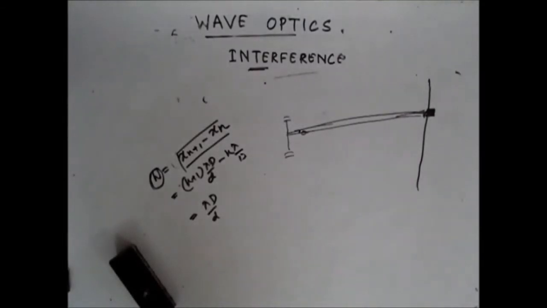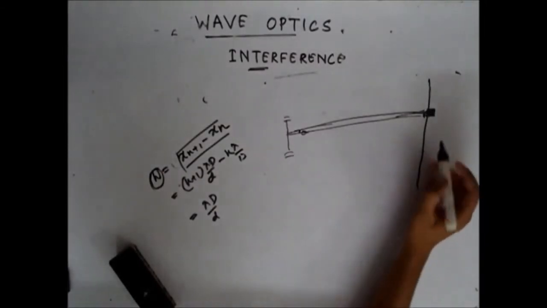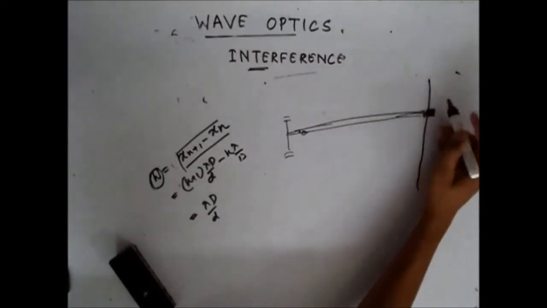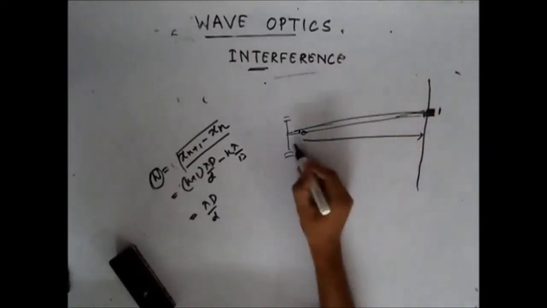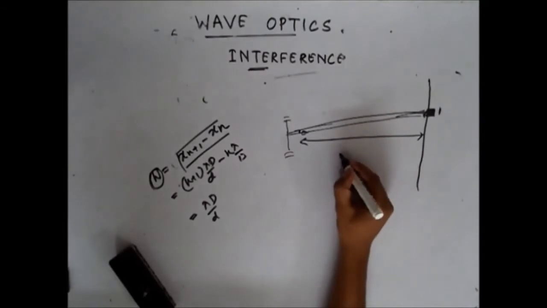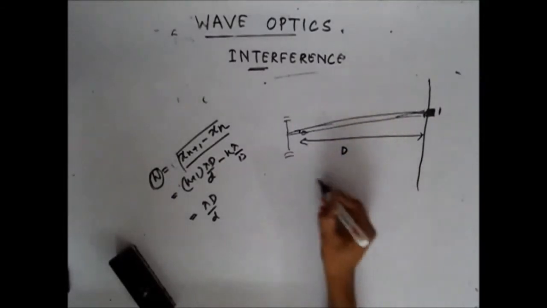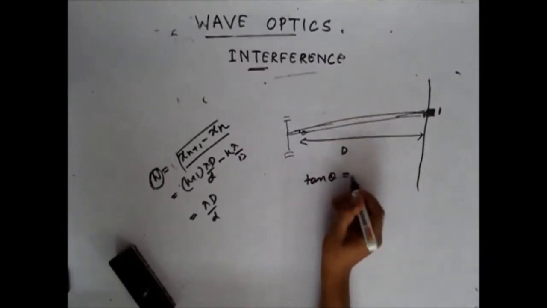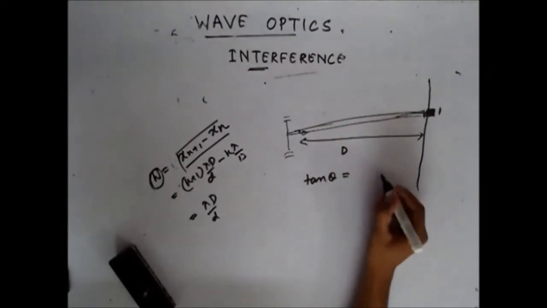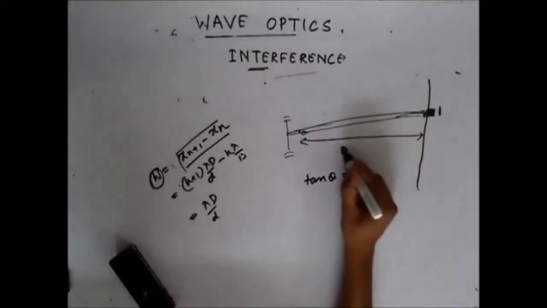Now we can find this by dividing this width by this length, that is D, because tan theta is this by this.